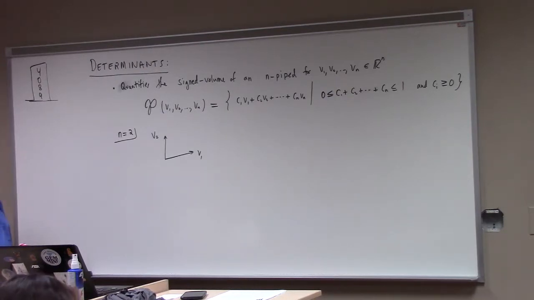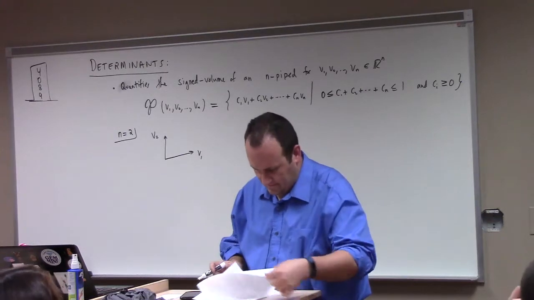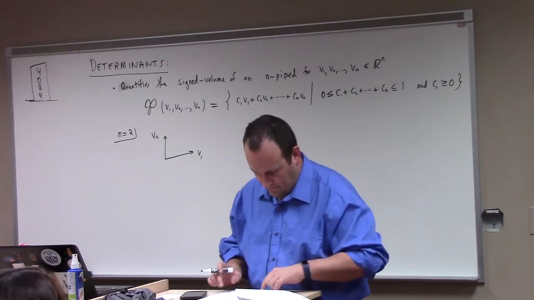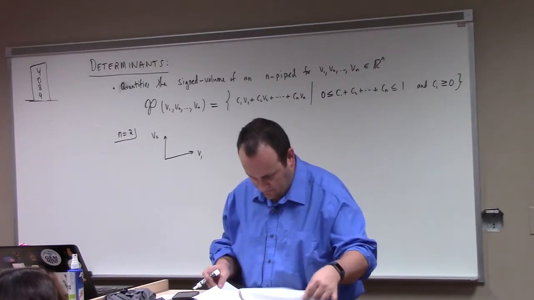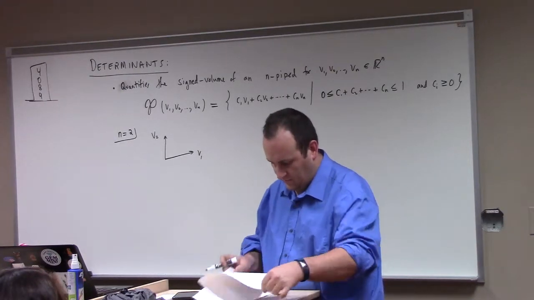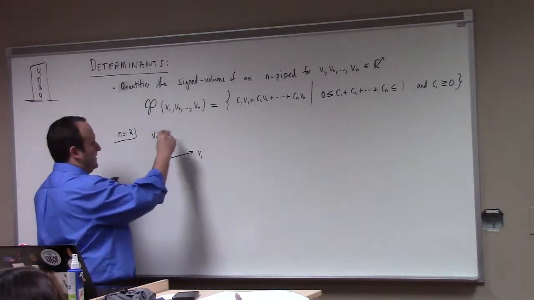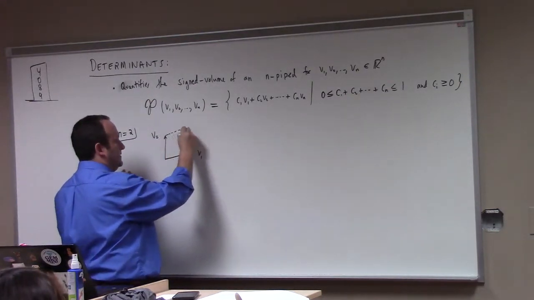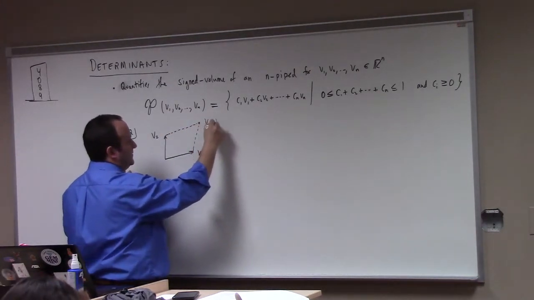And so the parallel n-piped that's defined by V1 and V2 would be this right here, which would be like V1 plus V2.